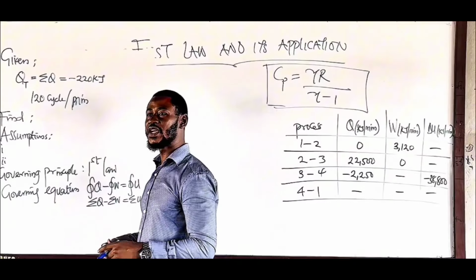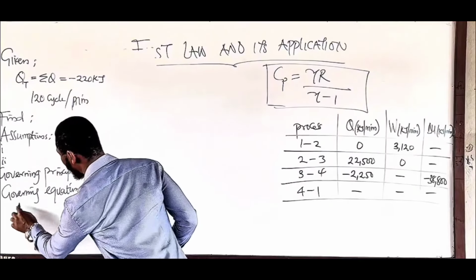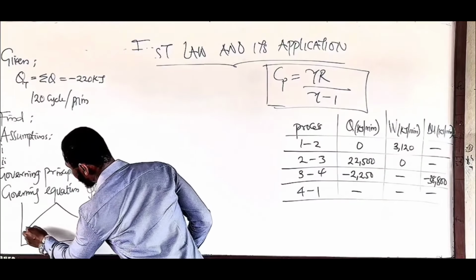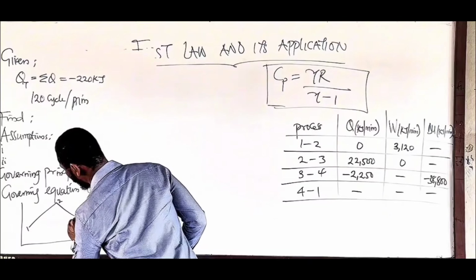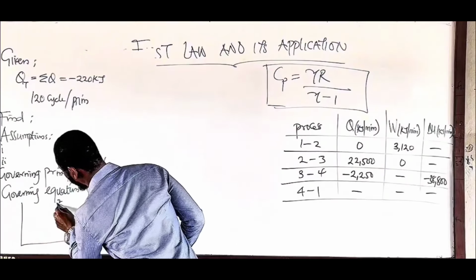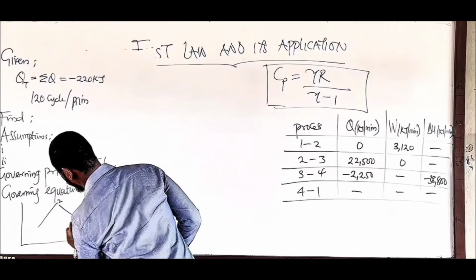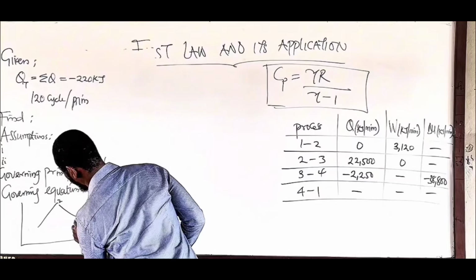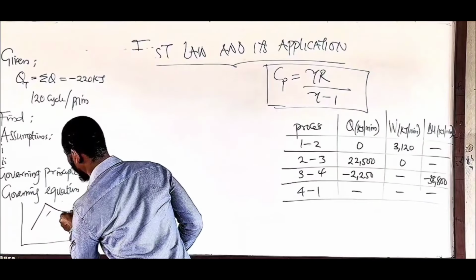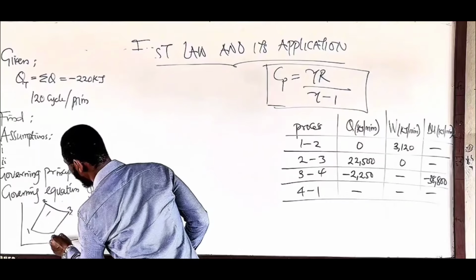Then the next thing is to break out the schematic. Since it involves four processes, you can represent it on the PV diagram. Draw a system that involves four processes: 1, 2, 3, 4.